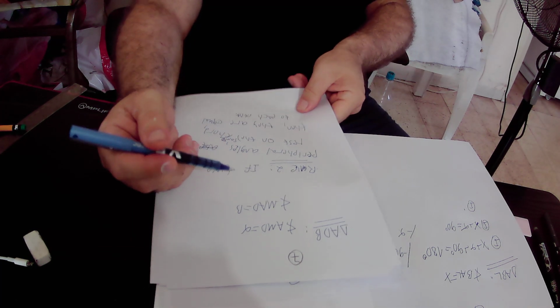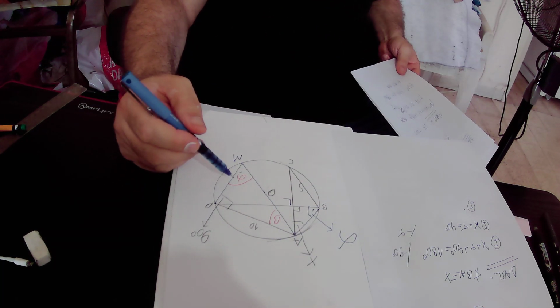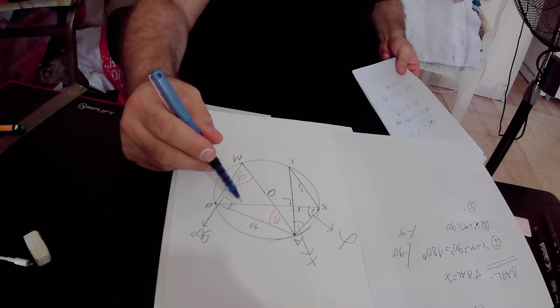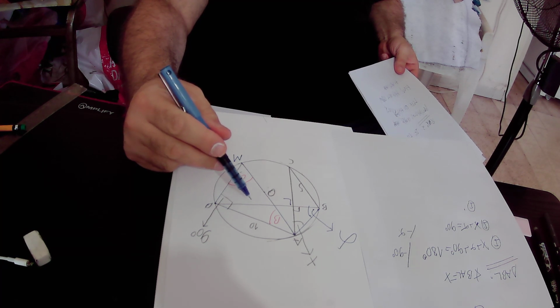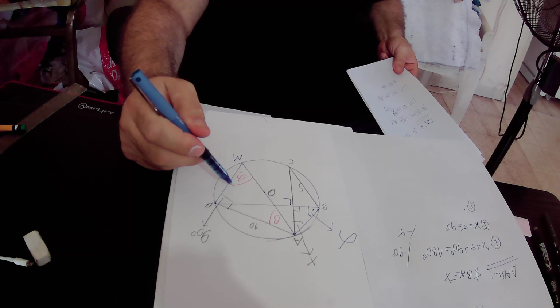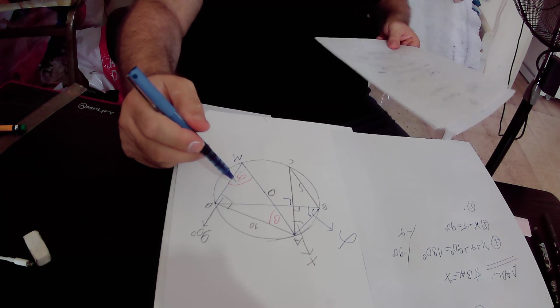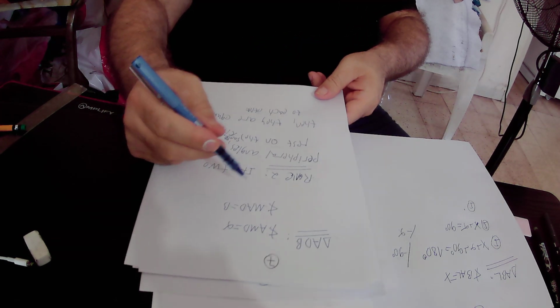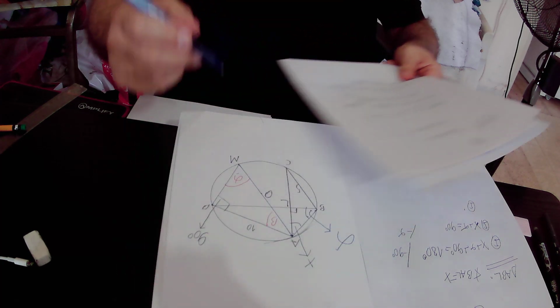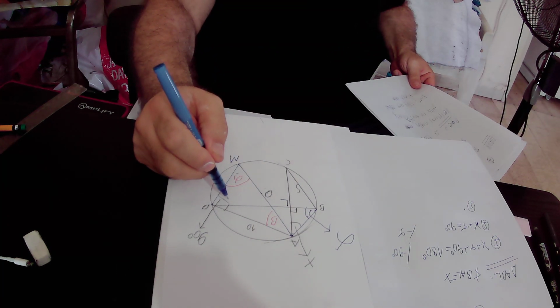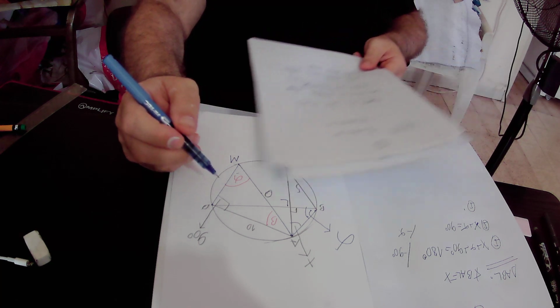And actually, the sum of the angles in the right triangle AMD equals 180 degrees. So equation number 1 is alpha plus beta plus 90 degrees equals 180 degrees.